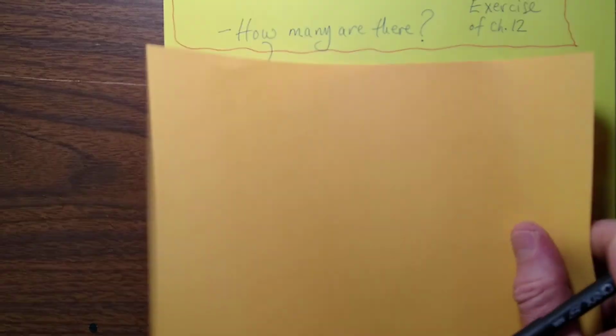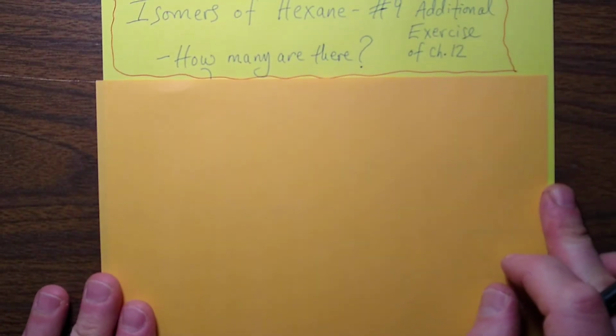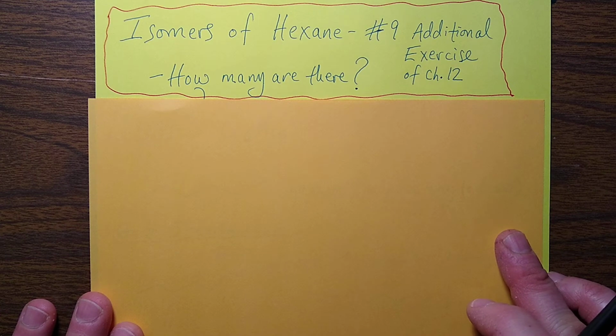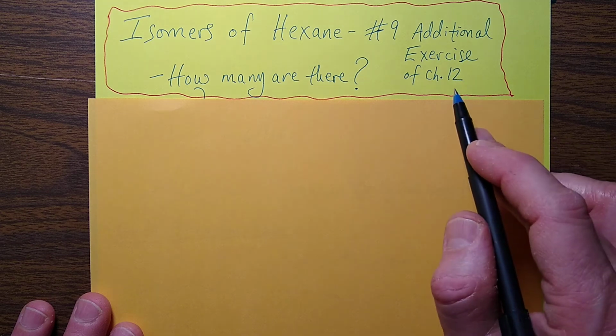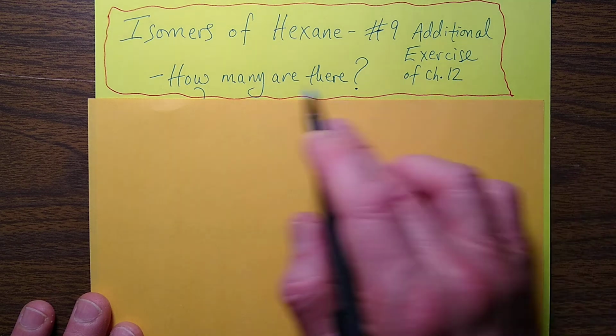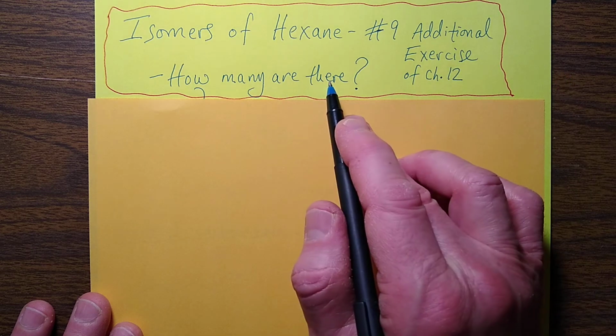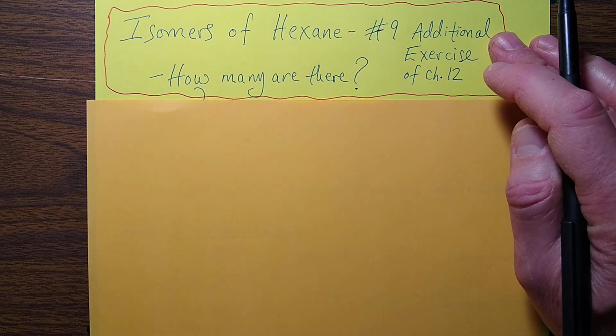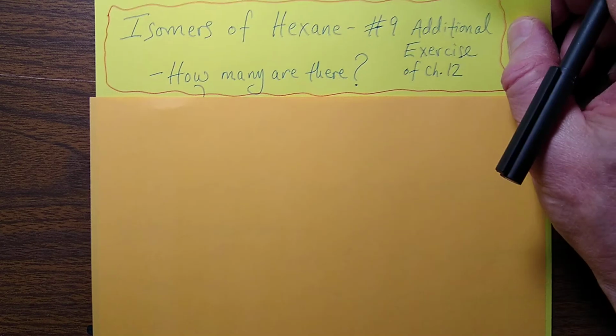All right. Here's a typical sort of practice problem you can do. Can you draw all the isomers of hexane? This is number 9 in your additional exercises of chapter 12 of your GOB textbook. How many isomers are there? Well, there's really no way to know that, but if you follow this very systematic approach, you can figure it out.